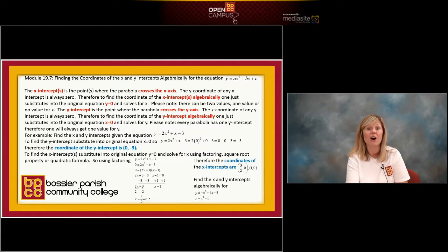So now I'm asking you to find the x-intercept, which means replace y with 0. When I do that, I get the equation 0 equals 2x squared plus x minus 3. Here's the problem, ladies and gentlemen. Now you have to use information you've already learned in previous modules. I'm asking you to solve that equation for x. When I ask you to solve for x, I mean to get x by itself.